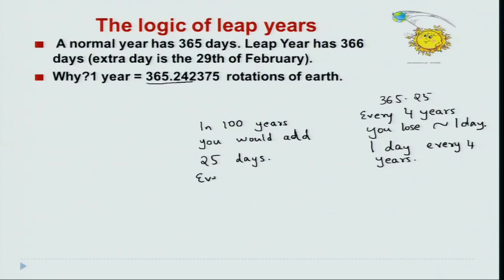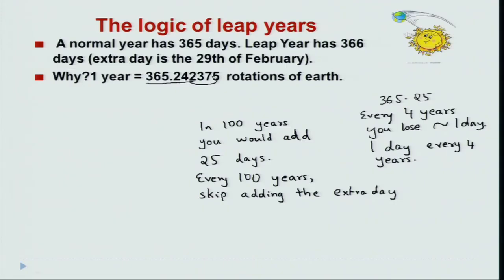To compensate for that, every 100 years, skip adding the extra day. So, every 4 years you add 1 extra day, but every 100th year you do not add that extra day, because you would have added 1 more day than needed.